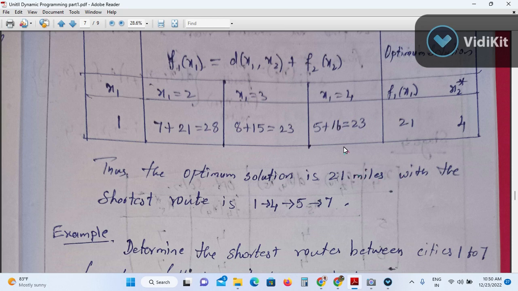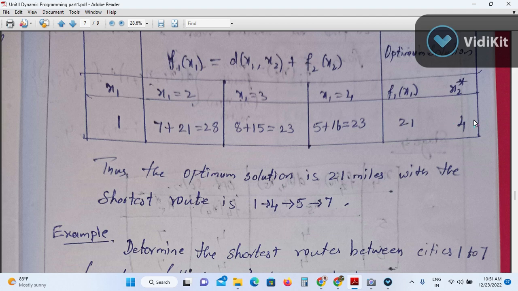I wrongly wrote it earlier; it is not 23, it is 21, so please correct it. Among these three, 21 is the smallest, the shortest distance. This 21 is yielded by node 4, therefore the optimal node is 4.